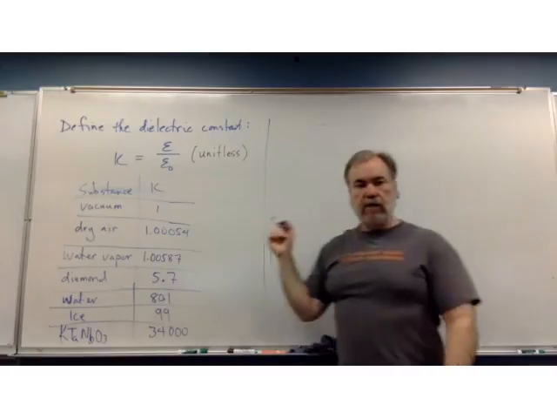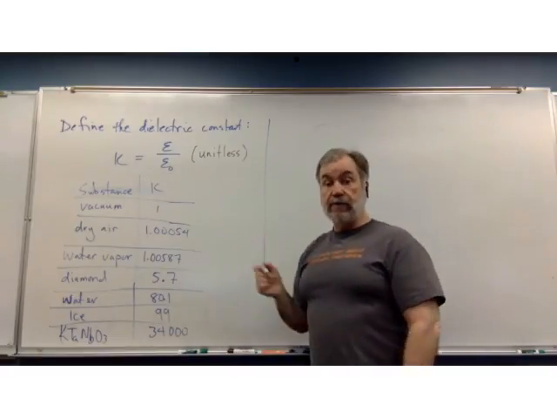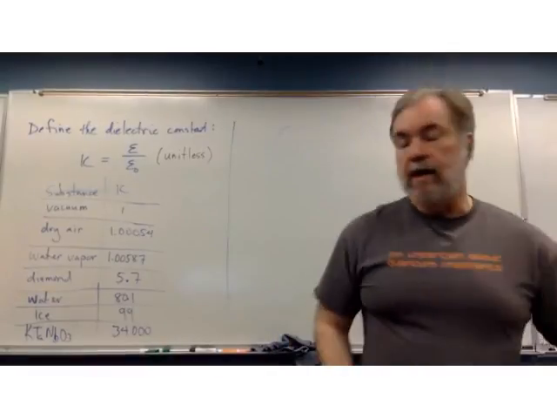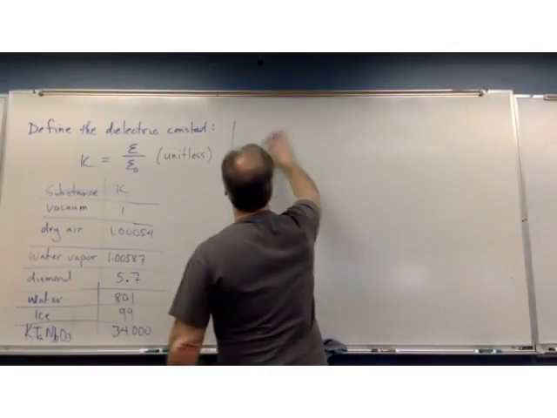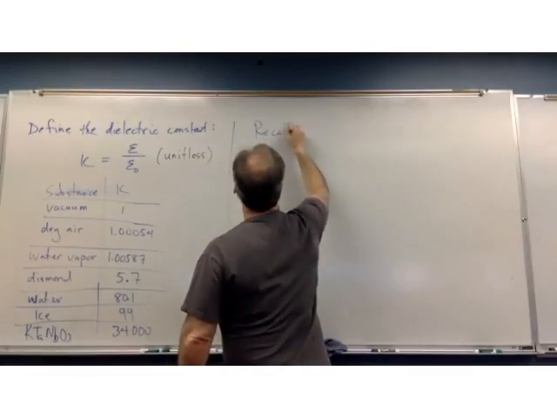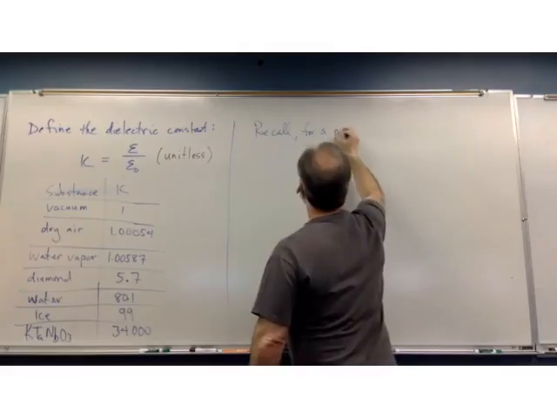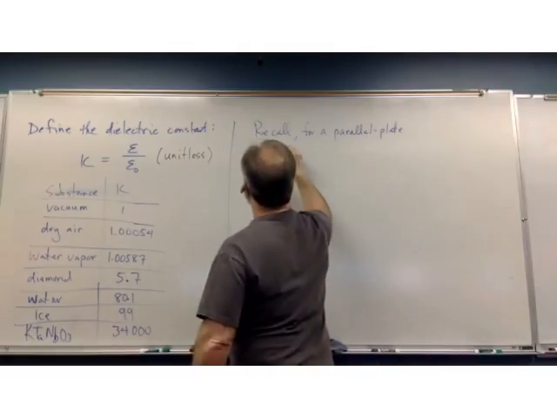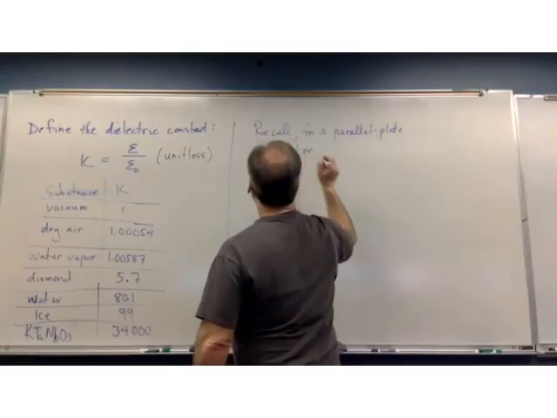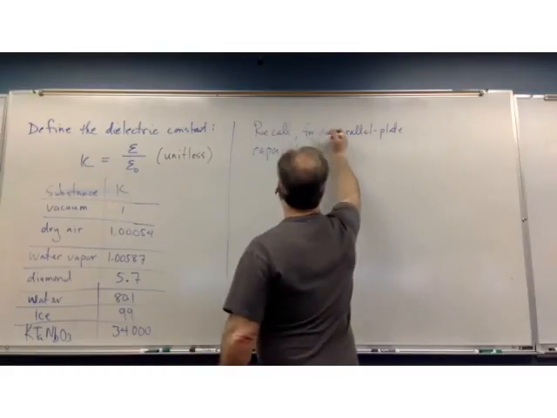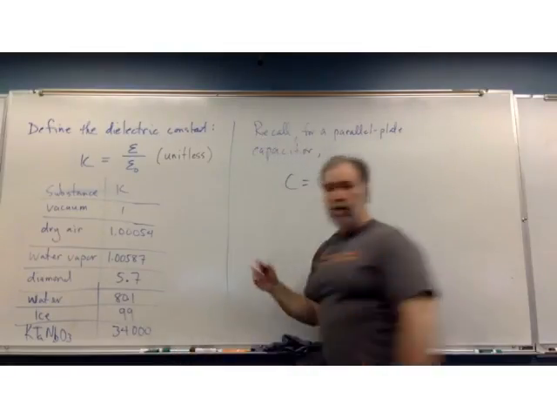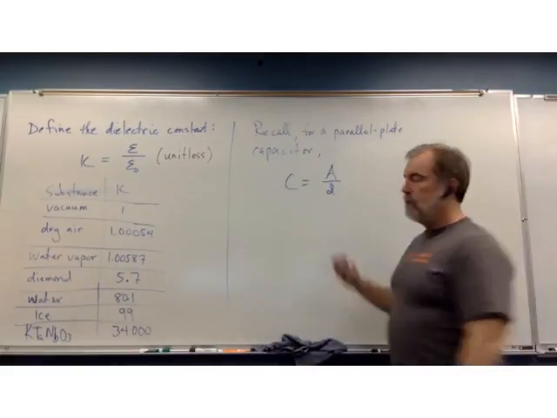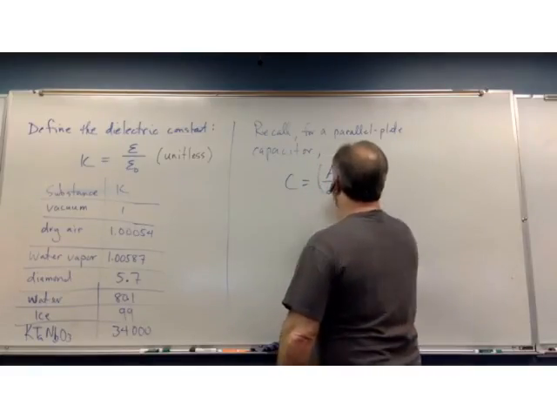A few lectures ago I did a calculation where I came up with a theoretical expression for the capacitance of a parallel plate capacitor, one constructed from rectangular plates. And I showed back then that the expression that gives you C is the area of one of the plates divided by the distance between the two plates, and then that is multiplied by the permittivity of vacuum.